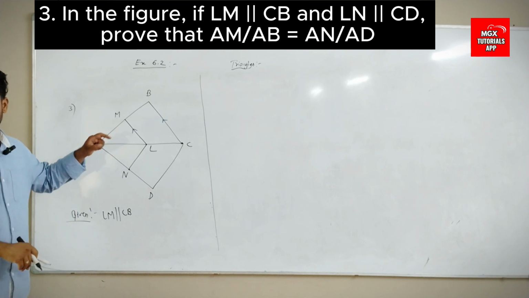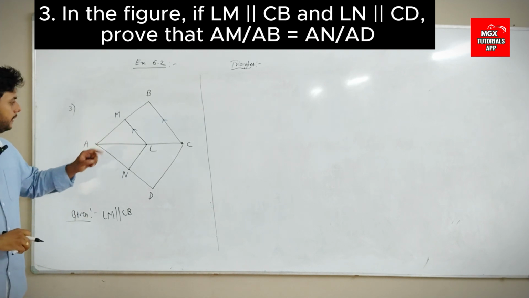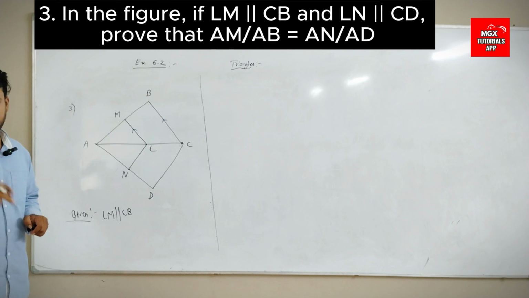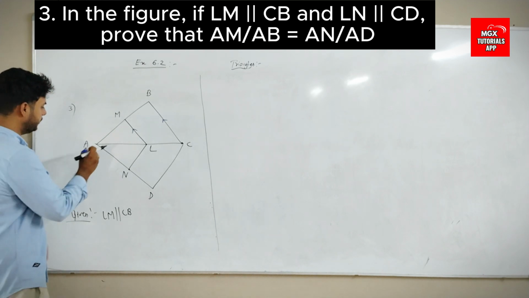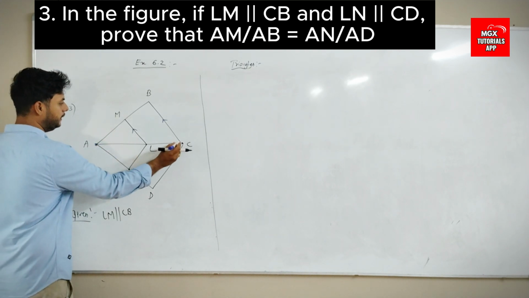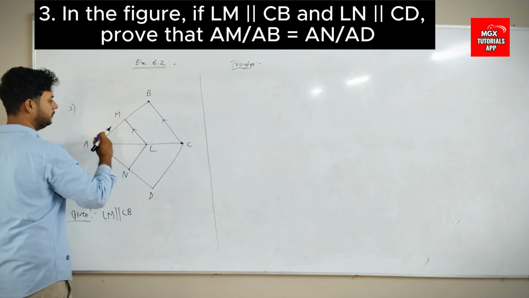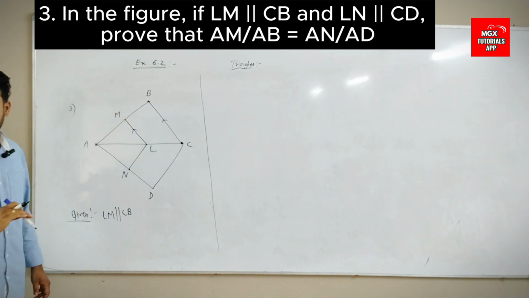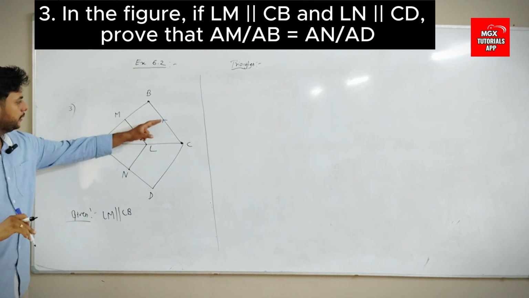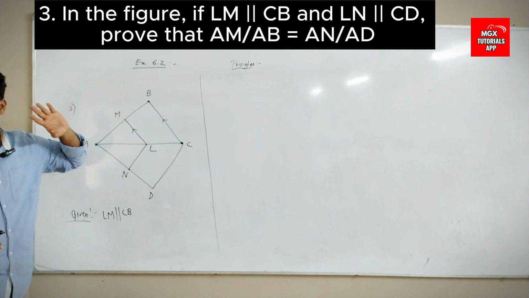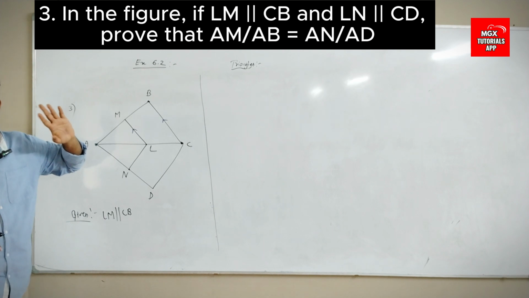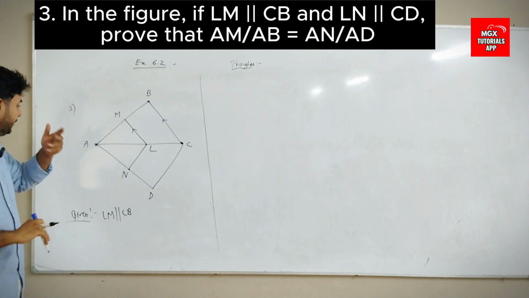So which triangle should I see there? If LM is parallel to CB, you should see triangle ABC. If this is parallel to this, AM by MB will be equal to AL by LC. Yes or no? Correct, by the BPT.